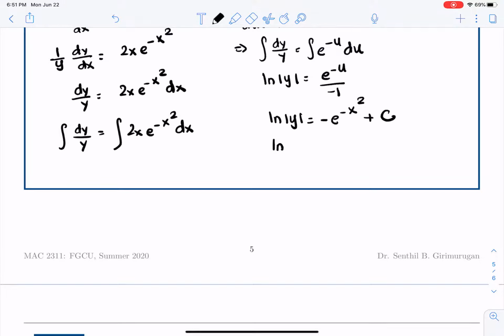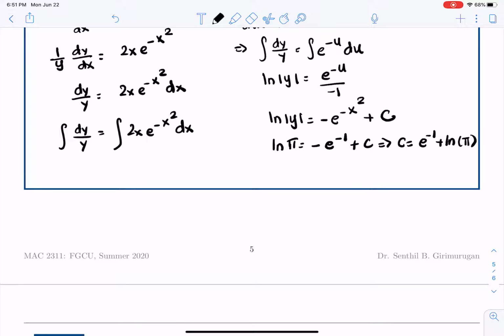So we have ln of pi equals negative e raised negative 1 plus c. So c is e raised negative 1 plus ln of pi.